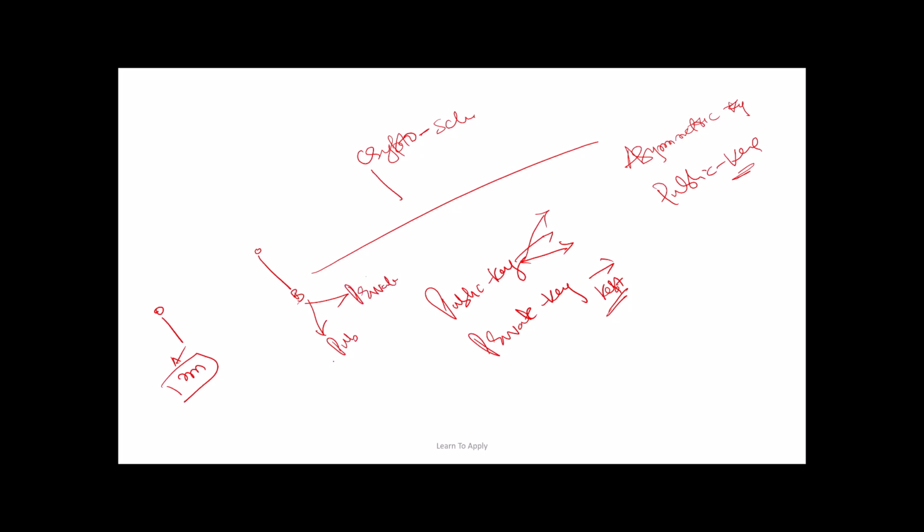The public key is available to the public, and he will give this public key to A. A will use any form of asymmetric encryption scheme. It could be RSA, it could be elliptic curve cryptography.